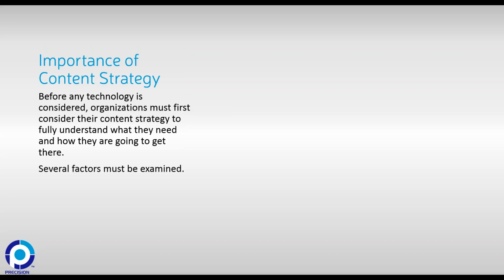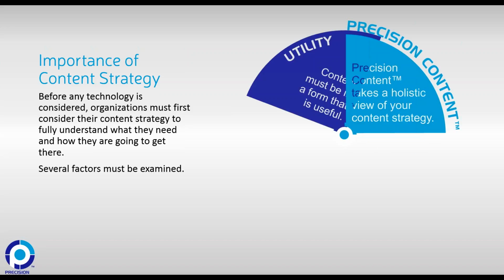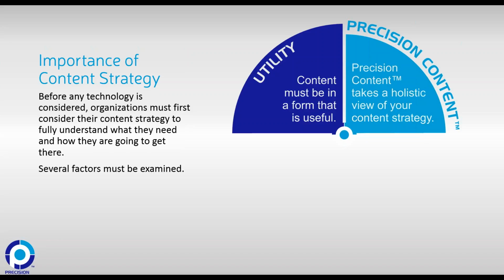And to do that, we need to look at several different factors, and we break them into three. So first, we have utility of information. This is the form of information itself. How useful is it in its current form, and what sort of usefulness do you require for your information? Is all your content right now in PDF or Word documents or HTML?